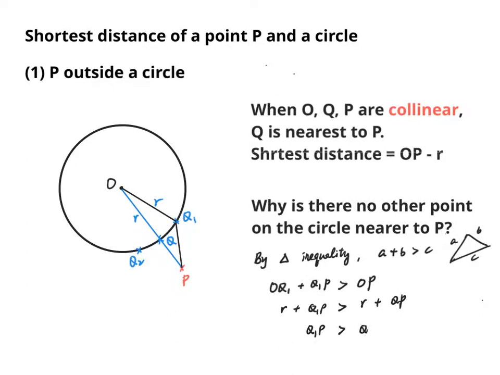We have Q1P greater than QP. Based on this argument, if there is another point, say Q2, not on the straight line OP, the distance between P and Q2 must be greater than PQ. Therefore, only when O, Q, P are collinear, Q is the nearest point to P.